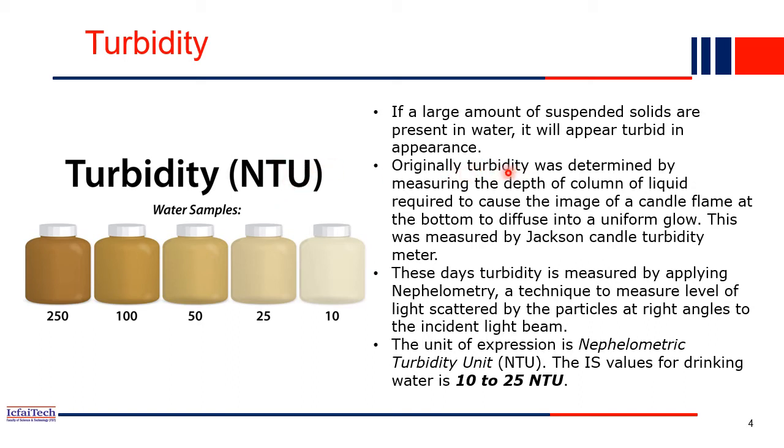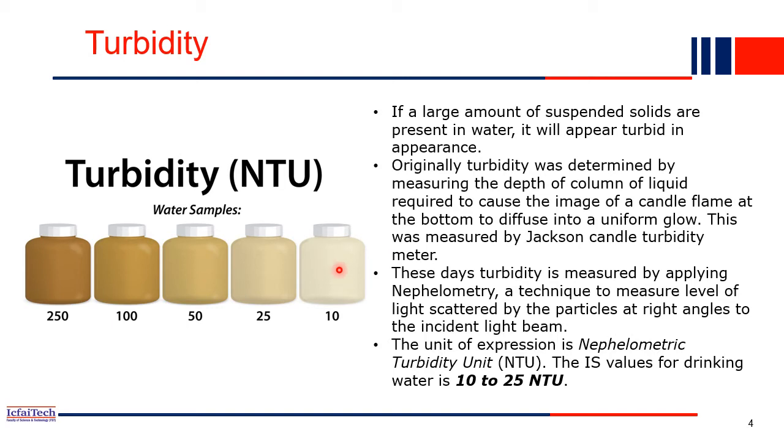Originally, turbidity was determined by measuring the depth of the column of liquid required to cause a light to be emitted. So how can we find out the turbidity level of water? At the beginning, what we did was ignite a candle. The candle light passes through this bottle or glass jar, and at the backside it will be recorded, right?